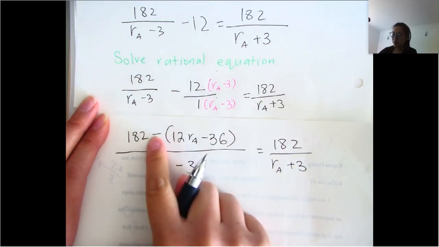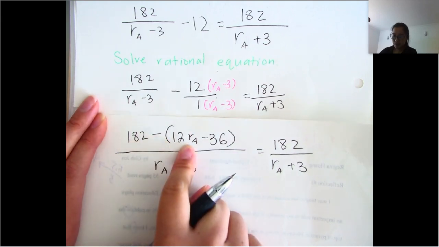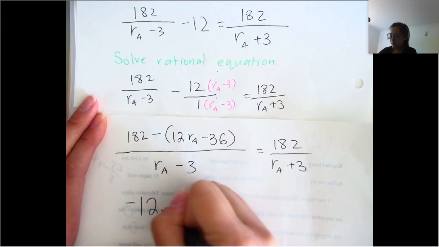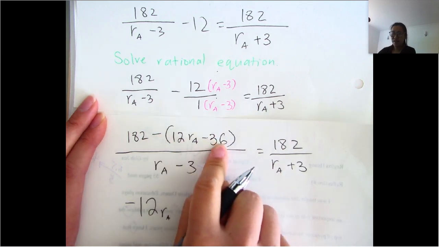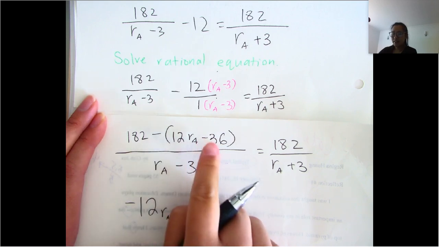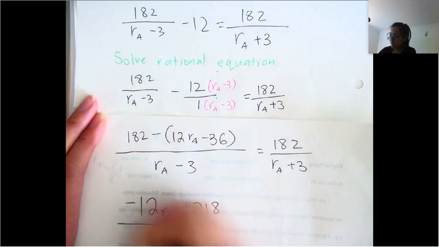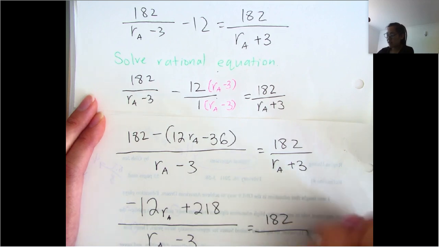When you distribute this minus sign, you have 182 minus 12 R sub A, and then plus 36. So you're going to do 182 plus 36, which is 218, over R sub A minus 3 equals 182 divided by R sub A plus 3.